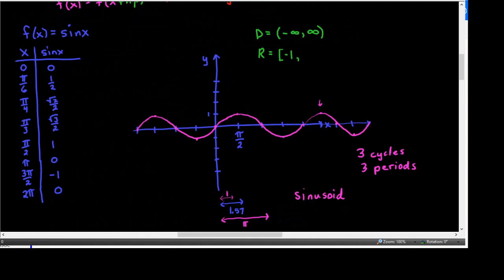Comma, the highest value you have for y is +1. Okay. It is a continuous function. No gaps, no skips, no vertical asymptotes, nothing odd like that. So it's just a very nice, continuous, smooth function.